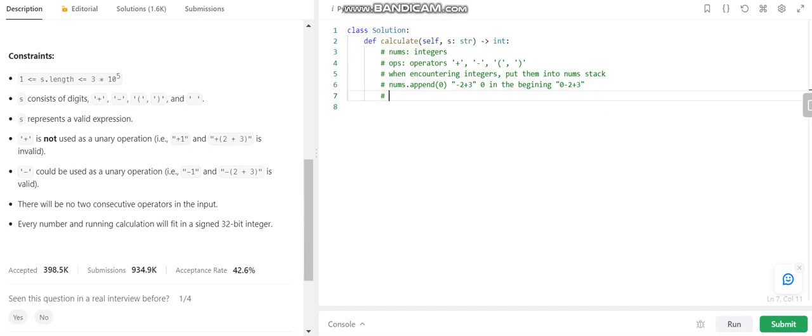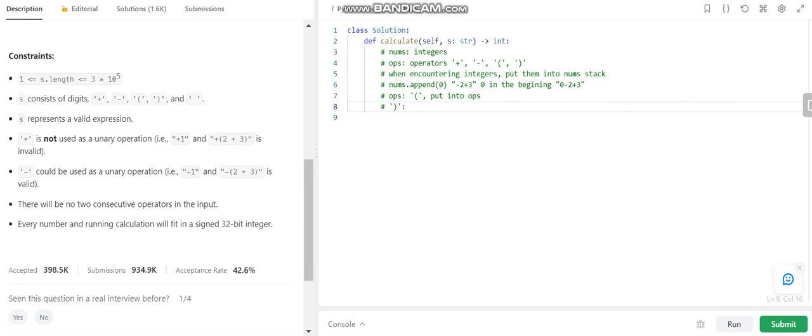And to deal with operators, the case will be very complex. Firstly, when we encounter an open bracket, I will just put it into operators. But then when we encounter a closing bracket, things will be interesting.